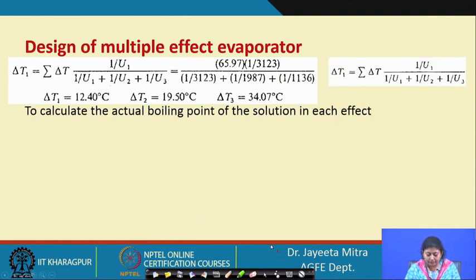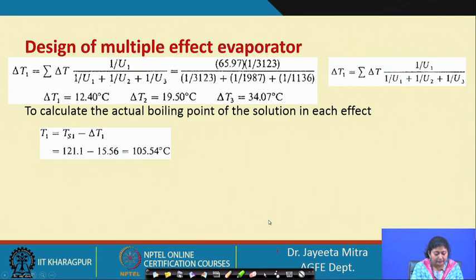To calculate the boiling point of the solution in each effect, T1 will be equal to Ts1 minus delta T1, because of the boiling point elevation at which the liquid has condensed. So, 121.1 minus 15.56 is equal to 105.54.